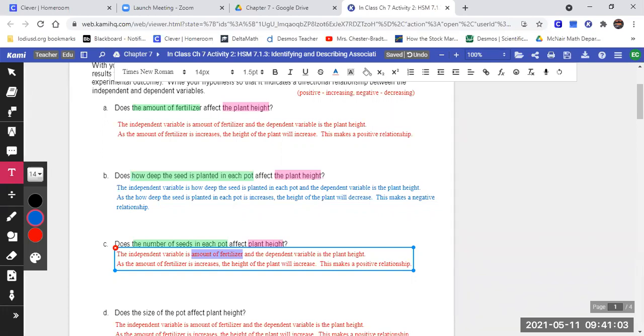Remember, independent are things we have control over, things we can change. So which one of those two things, what phrase are we going to say is the independent variable this time?